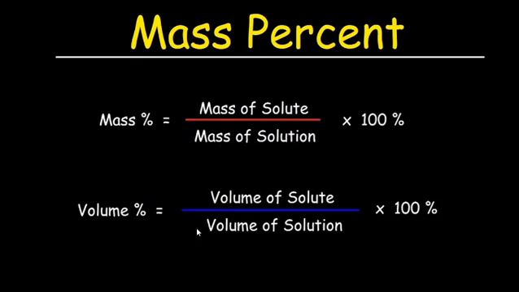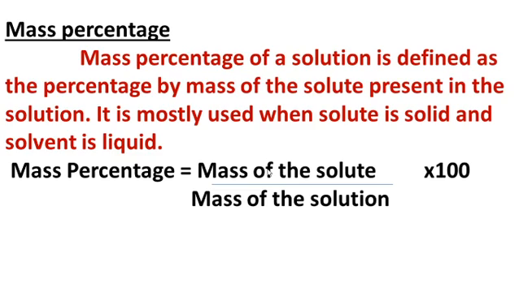Volume percentage is equal to volume of solute divided by volume of solution, times 100. Solution means the solute dissolved in the given amount of the solvent.